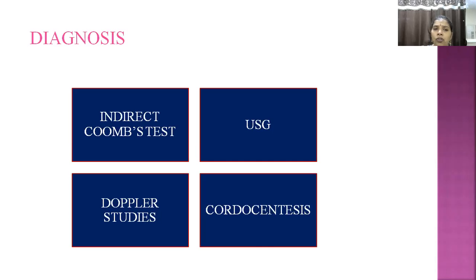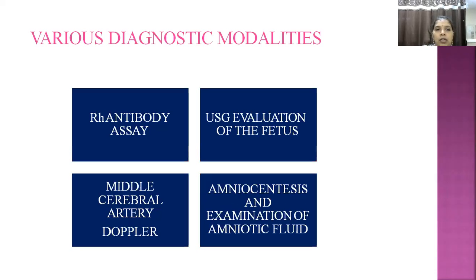How will you diagnose that Rh isoimmunization has occurred, and whether the fetus is affected in the present pregnancy? These are the four: indirect Coombs test, ultrasound, Doppler studies, and cordocentesis. Various diagnostic modalities are Rh antibody assay, ultrasound evaluation of the fetus, middle cerebral artery Doppler, amniocentesis, and examination of the amniotic fluid.